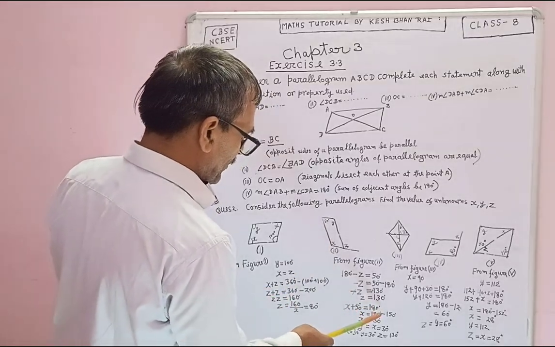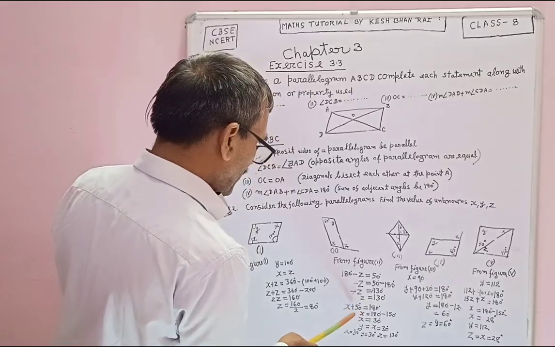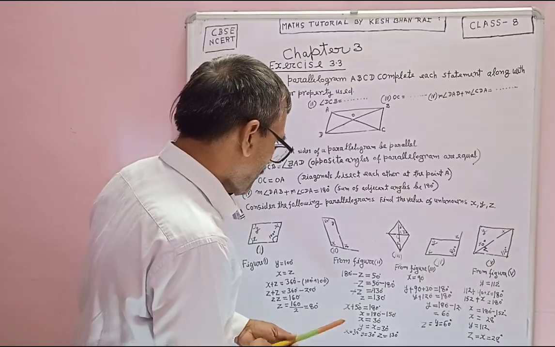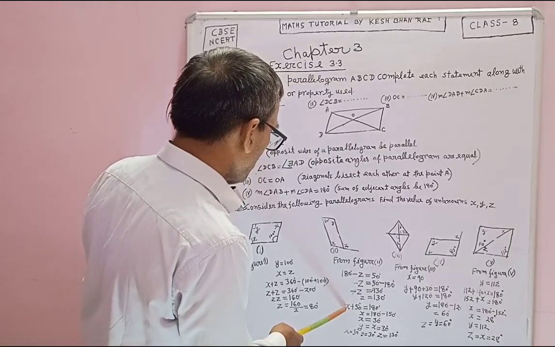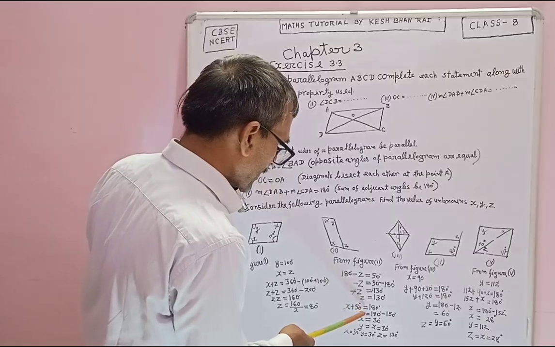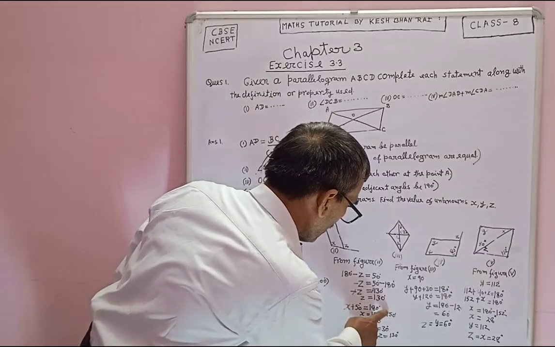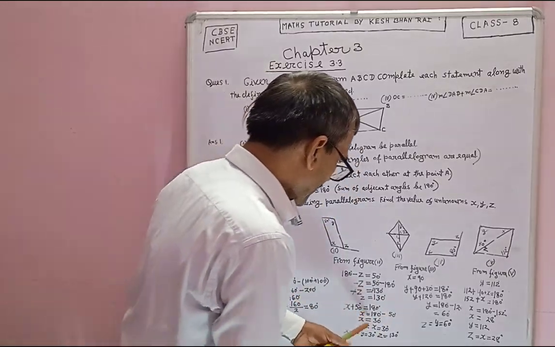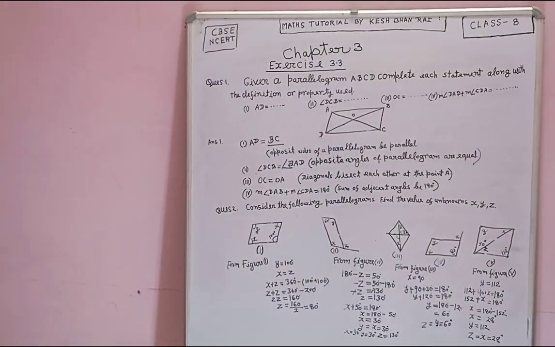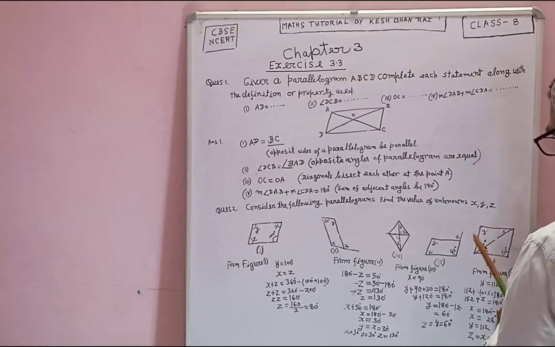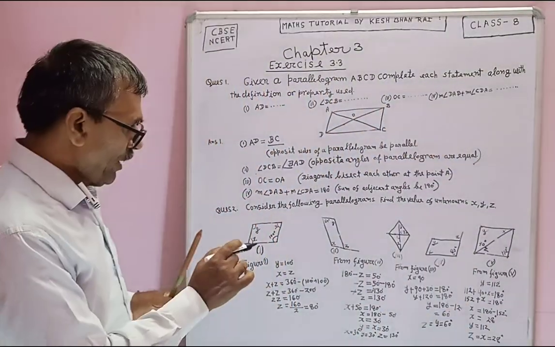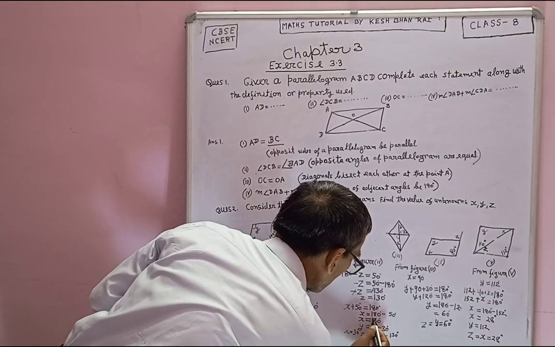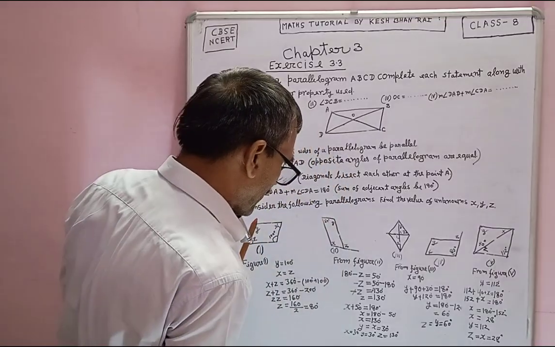x is equal to 180 minus 50, which is 130.